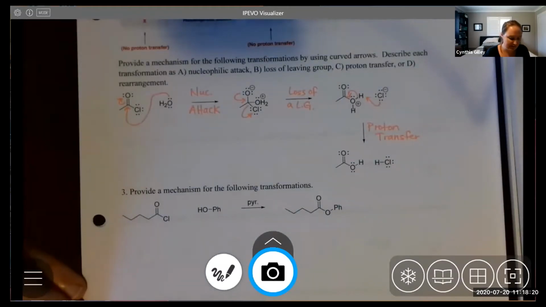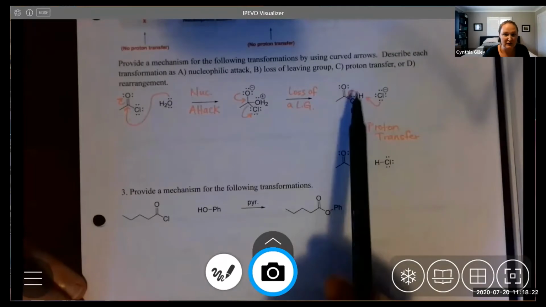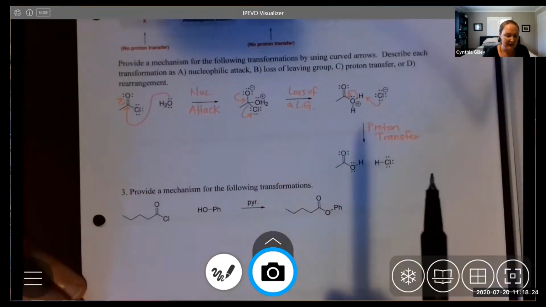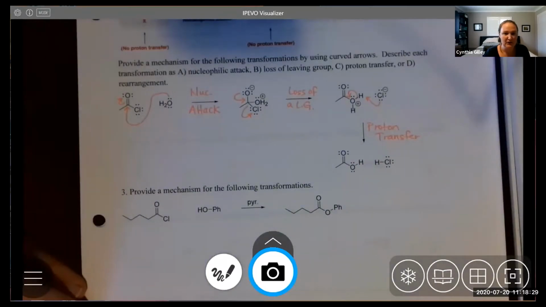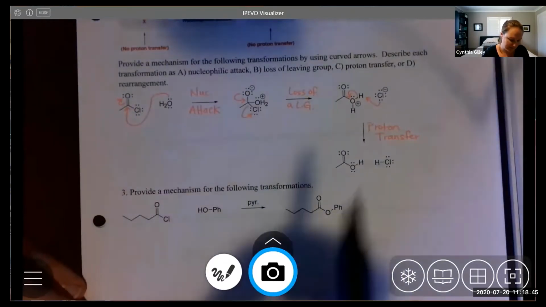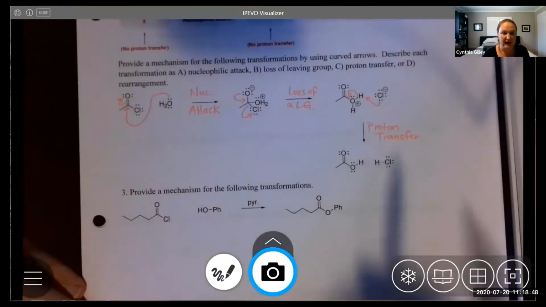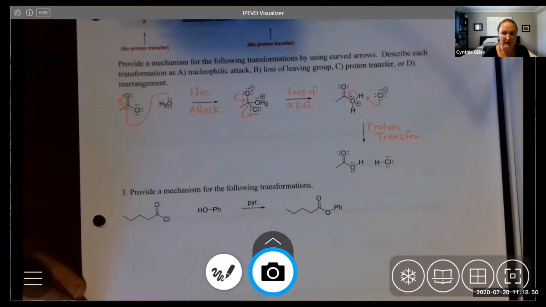But basically, if the best base in solution is chloride, then we're going to generate HCl, which is a strong acid, which you might not want to generate in your reaction mixture if, for example, something in your molecule was acid sensitive. So this can be a way to avoid that. So essentially, as a base, we'll just use pyridine instead of chloride. And the byproduct will be what we call pyridinium chloride, which I'll show you.